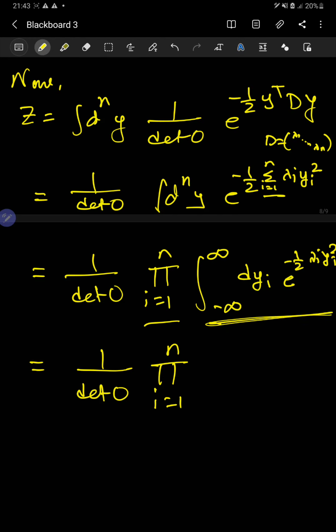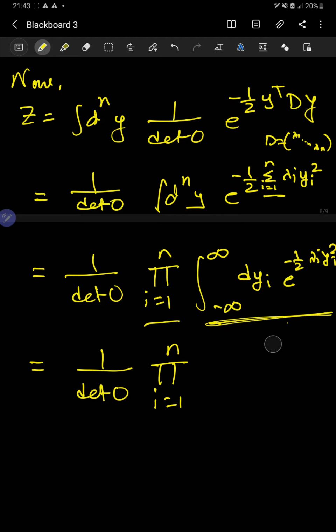Note, this is an n-variable Gaussian integral. Let's say we have lambda_1 y_1 squared plus lambda_2 y_2 squared, and we can write this separately. For lambda_1 y_1 squared, we have dy_1 exponential of minus half lambda_1 y_1 squared, and up to n of those, multiplied. I'm sorry, there's no plus, it's just a product. So dy_2 and up to n.